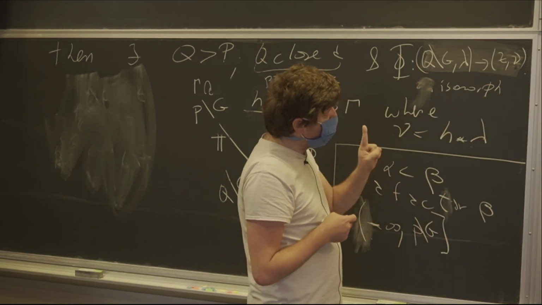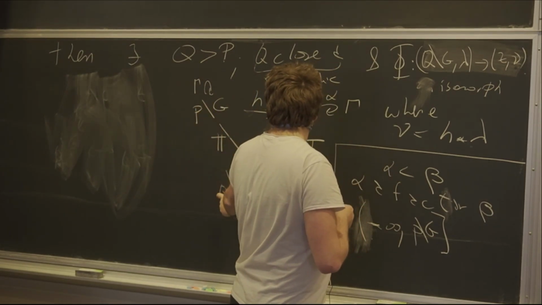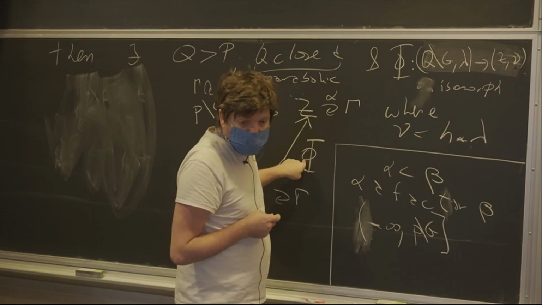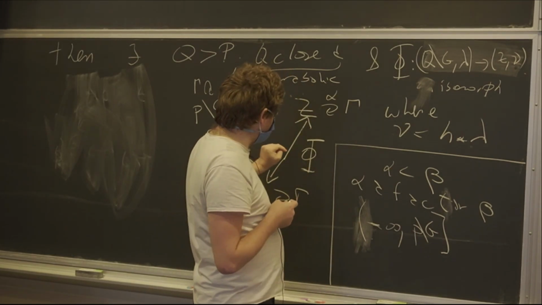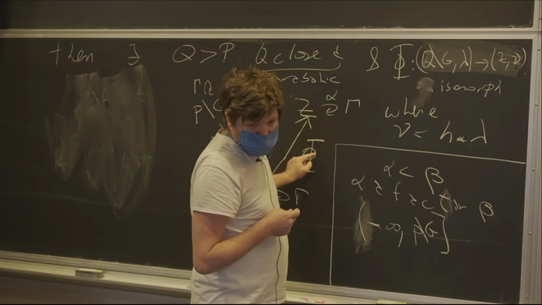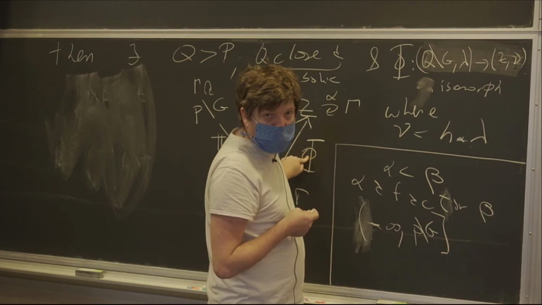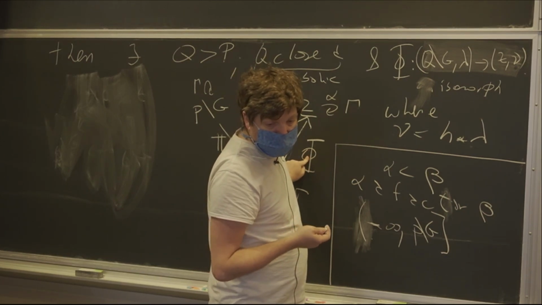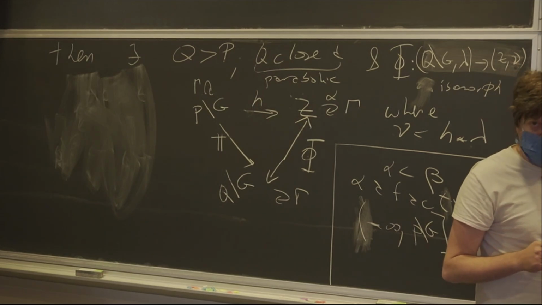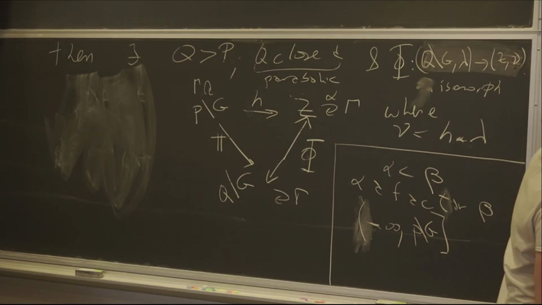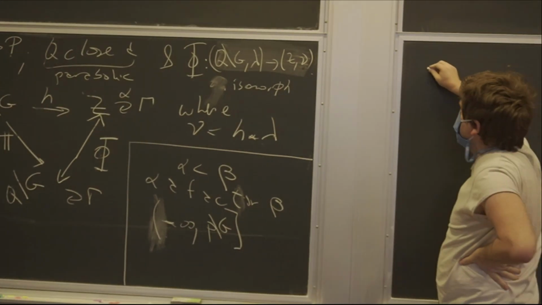So what I'm going to do now is, as I said, define Q, define phi, and then I will prove that Q is closed, and then it will take me 2 weeks to show that this phi is an isomorphism. So all the rest I can do fast. So let me define Q now. It's really easy.